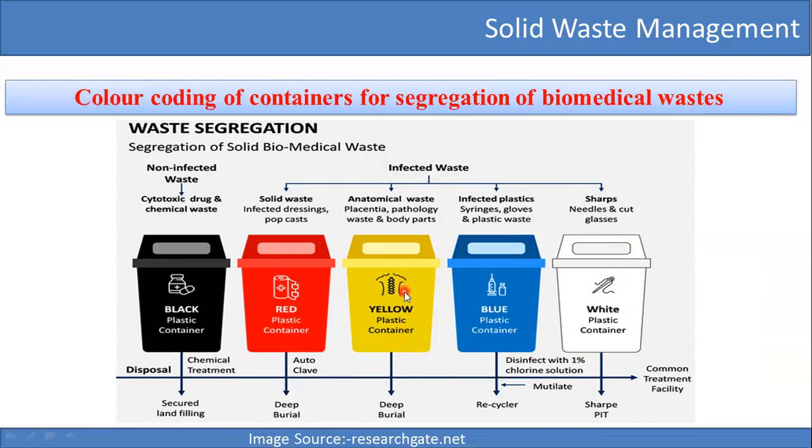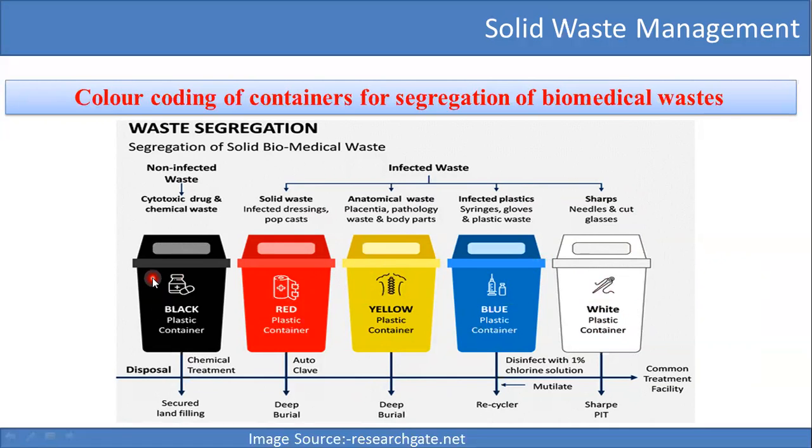In the yellow plastic container, anatomical waste like placenta, pathology waste, and body parts are stored. In the blue plastic container, infected plastic, syringes, gloves and plastic waste is stored. And in the white plastic container, sharps, needles, and cut glasses are stored. This color coding for the biomedical waste storage is given by the Ministry of Environment.